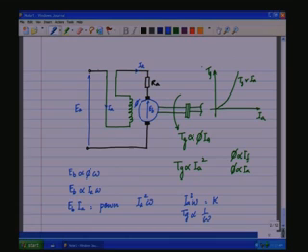But Tg is already Ia square, and therefore the armature current or the load current will be proportional to 1 by root of omega in the case of the series motor, whereas in the case of the shunt motor, Ia was proportional to 1 by omega.